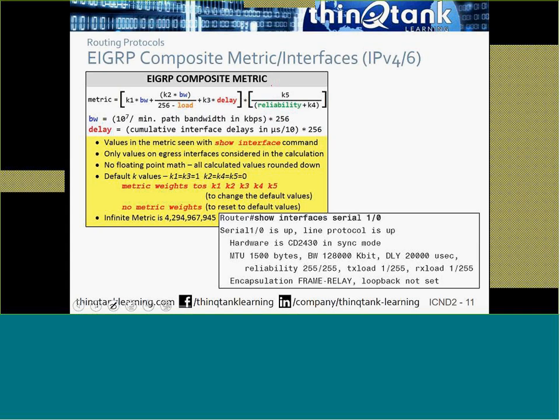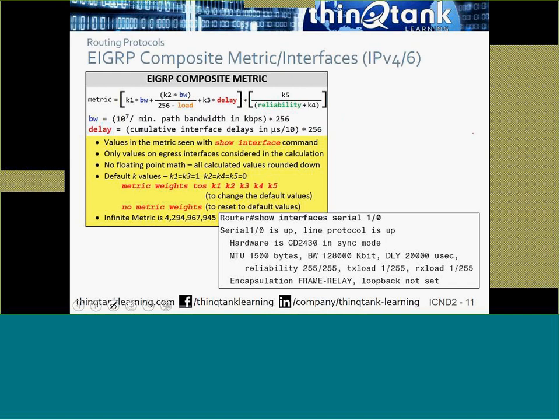So in the end, and by the way, K1 and K3 are 1, so you can kind of ignore those. So in the end, the metric is bandwidth plus delay. Test question, right? Bandwidth and delay are used as a component of a metric for EIGRP. Metric calculations are extremely important, obviously, because that's how we choose our best paths.